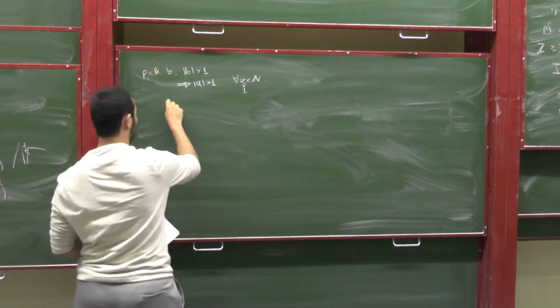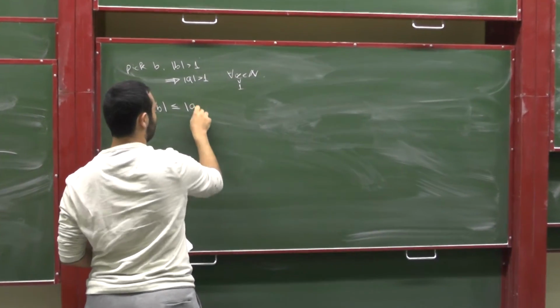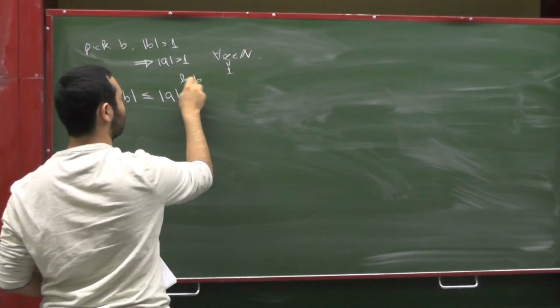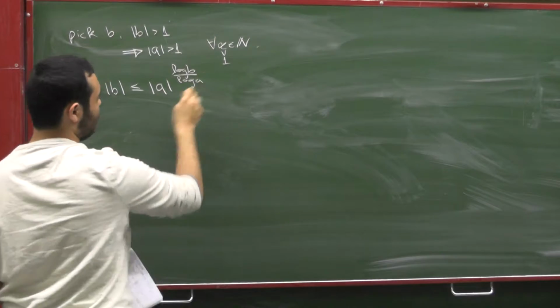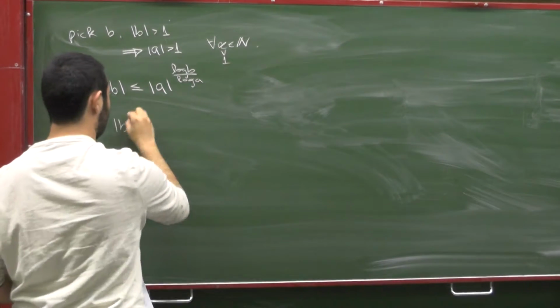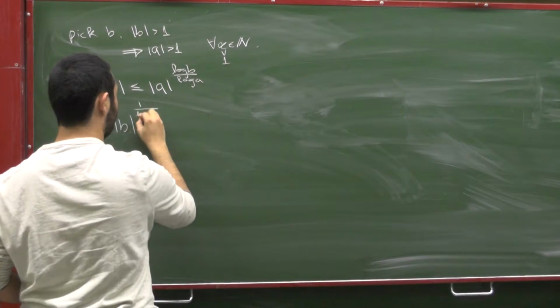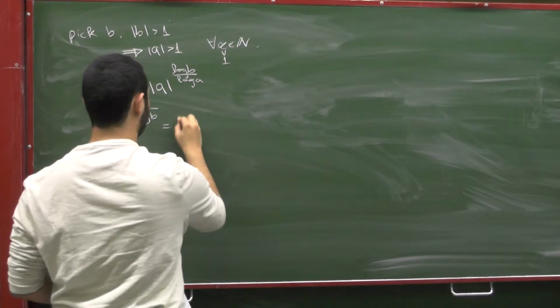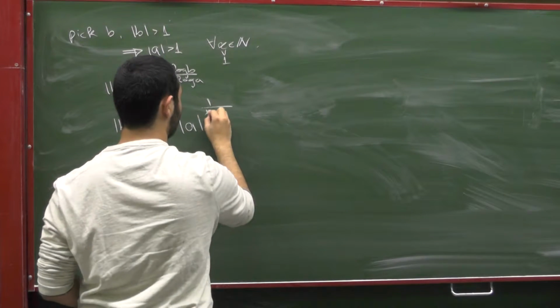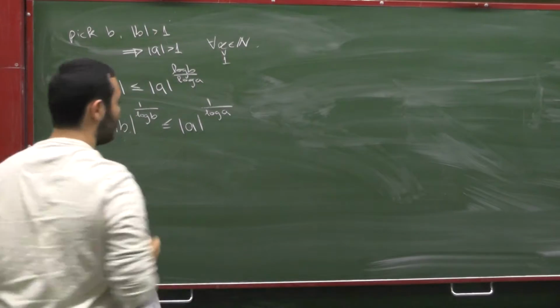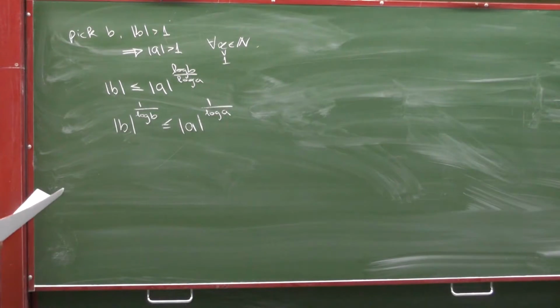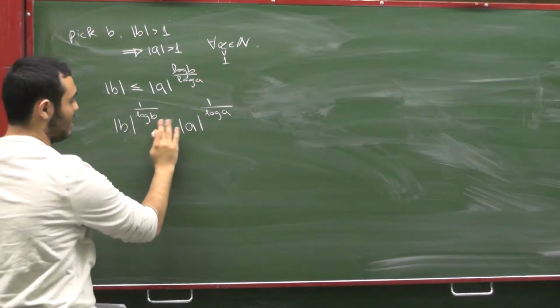So we conclude that b is bounded by this, or I have this. But this is symmetric in a and b, so it must be an equality.